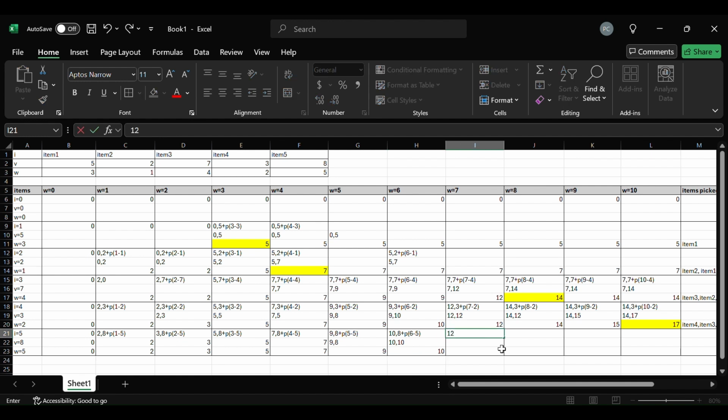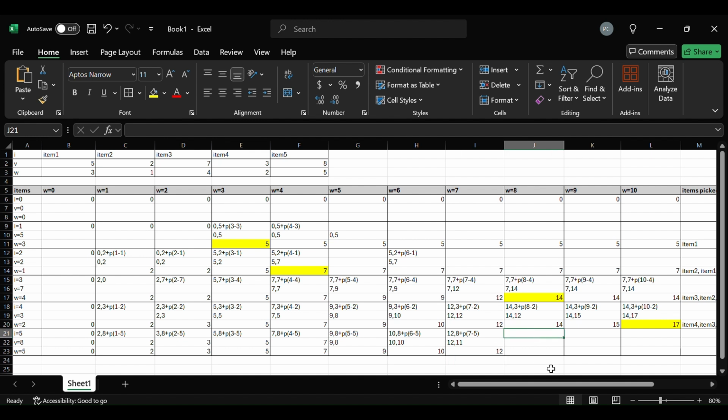Here 12 versus 8 plus P of 7 minus 5. So 8 plus 2 here. Sorry, 8 plus 3, that's 11. So 12 versus 11. Our decision will be do not pick up. So remain as 12.